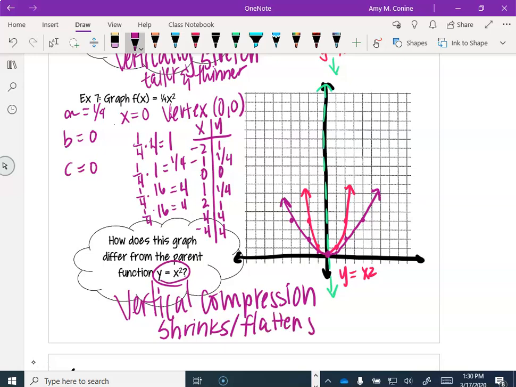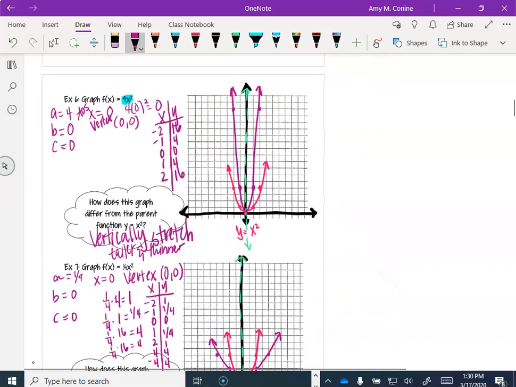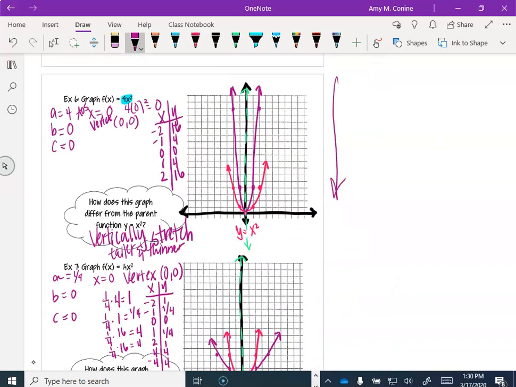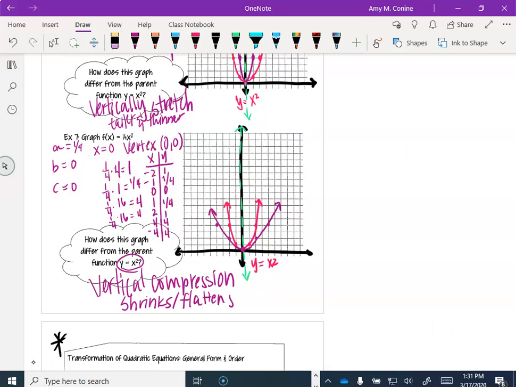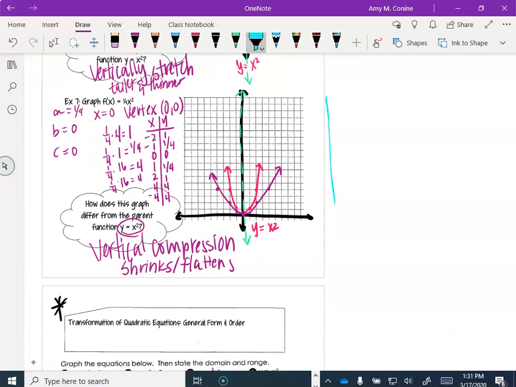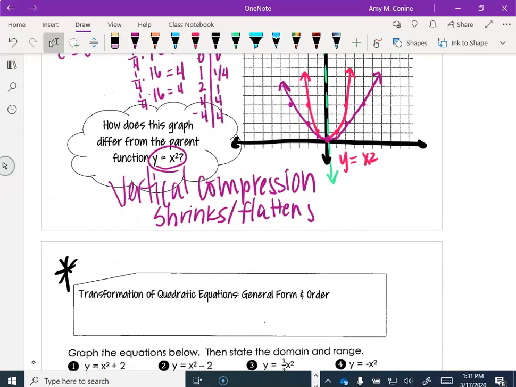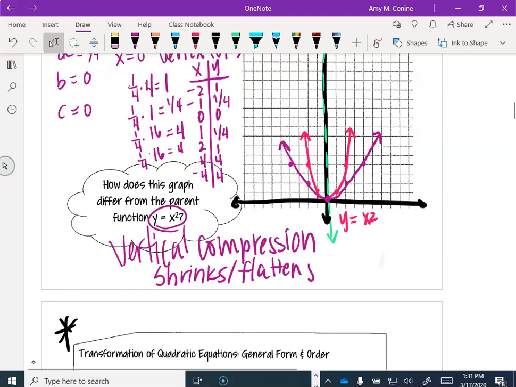You're pushing it down compared to the pulling and the stretching of this one, how it's pulling up and smashing it in. Down here, you're pushing it down so it's spreading out, kind of like when you smush dough or smash something against a flat surface. So that's what that one's going to look like.